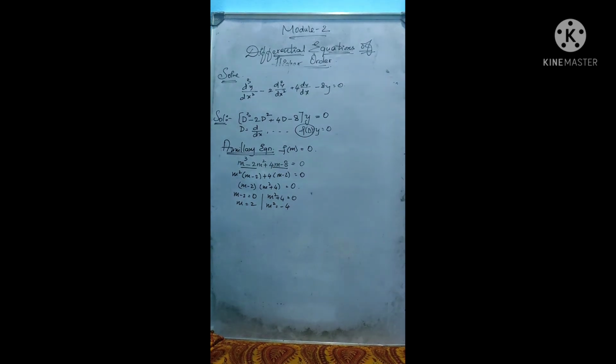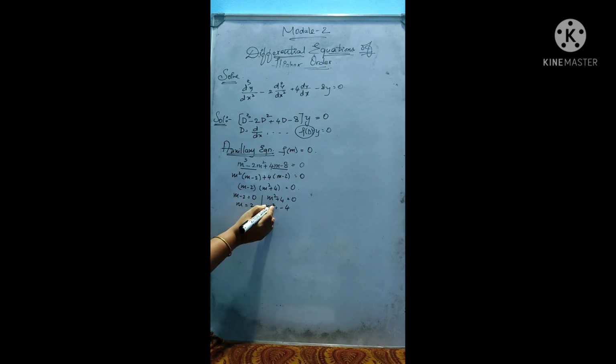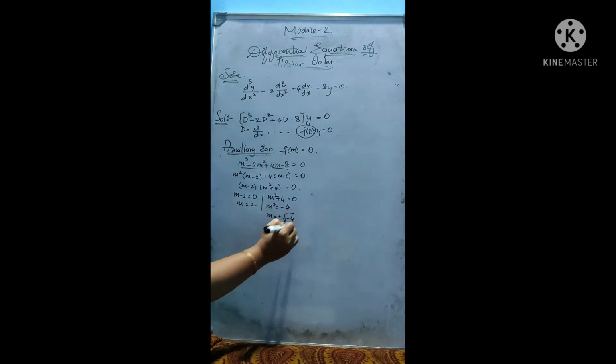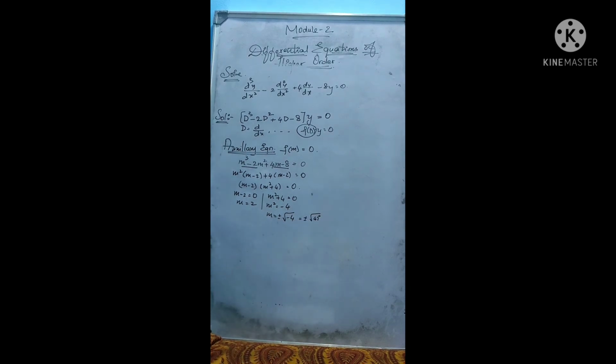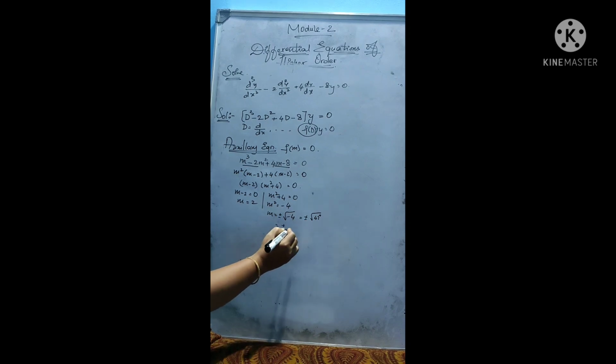Here comes our complex roots into the picture. Why? Because there is a negative sign here, and to get rid of the square, we have to take a square root. So we get m is equal to plus minus under root of minus 4. You can write this as plus minus under root of 4 into root minus 1, where root minus 1 can be represented as i.